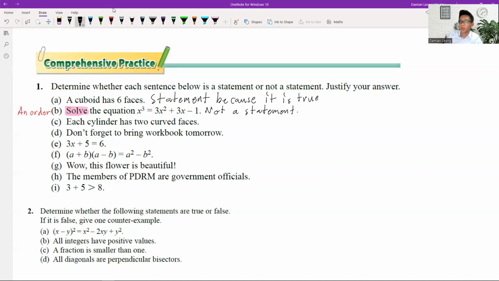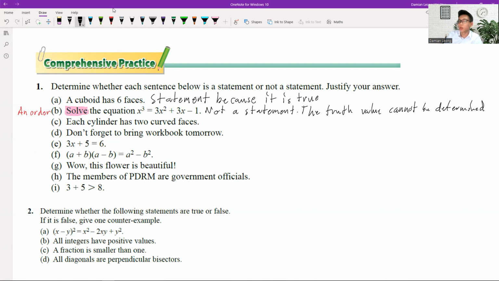Justification will be the truth value cannot be determined. So what does that mean? Basically, I cannot say it's true, I cannot say it's false.